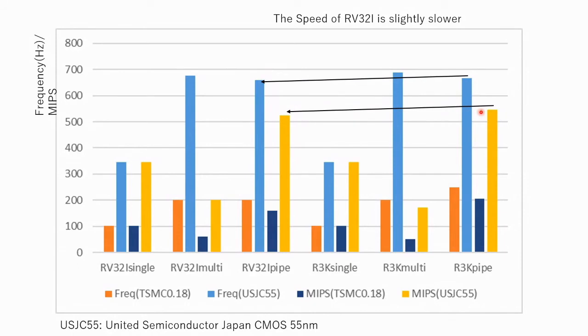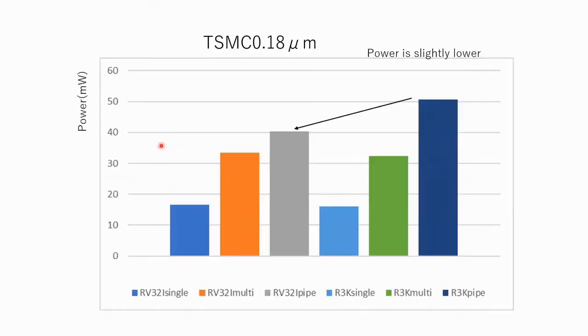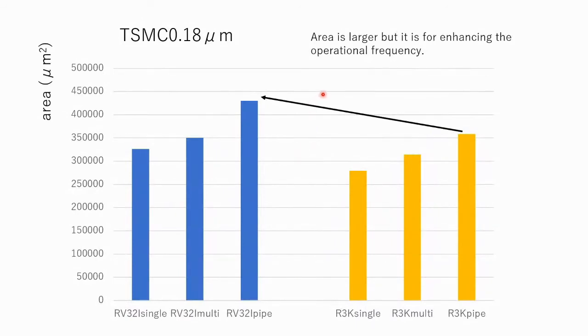And the performance is also slightly lower. Instead, the power is slightly lower, but it's an obvious result because this evaluation is done with the maximum frequency at which the processor works. And also the area is larger. It's somewhat strange, but it is for enhancing the operational frequency.